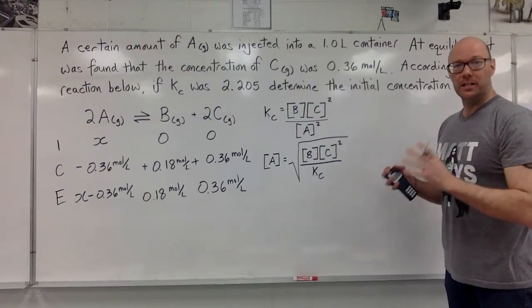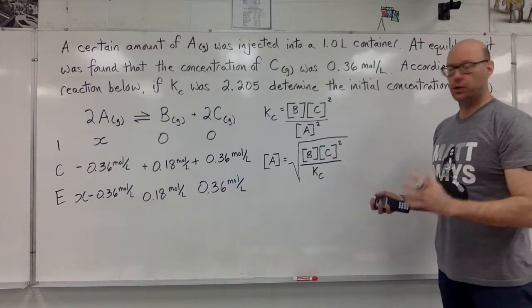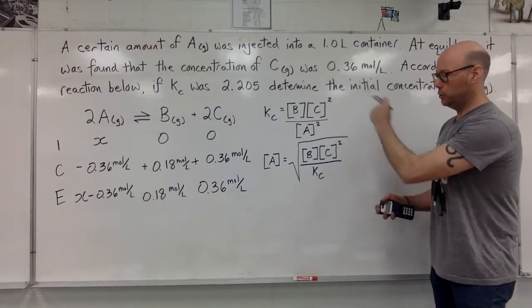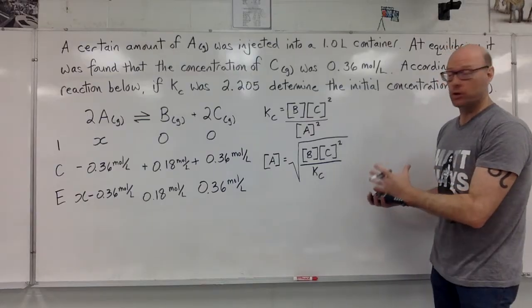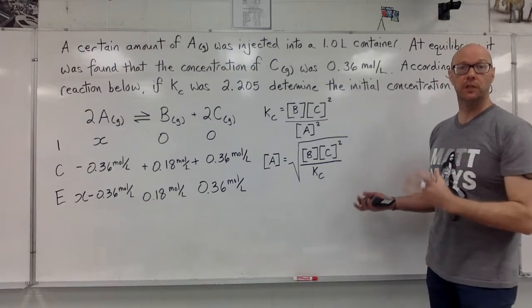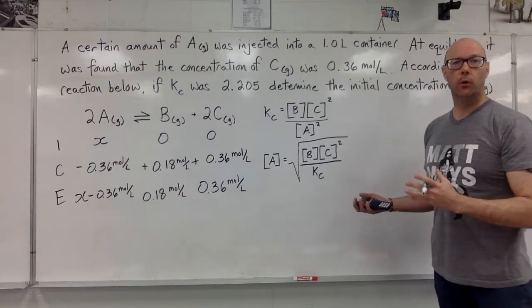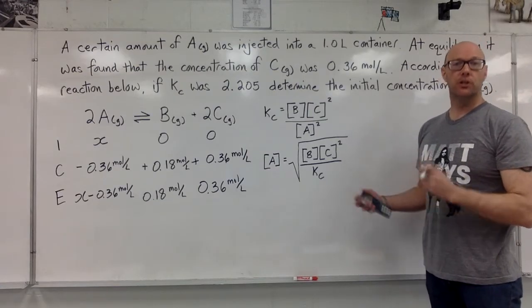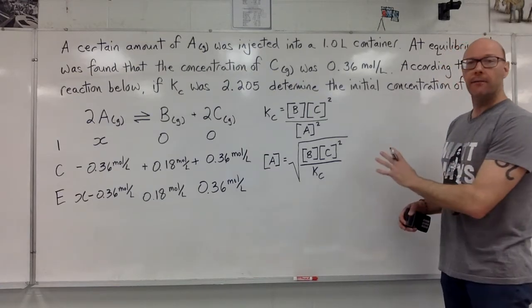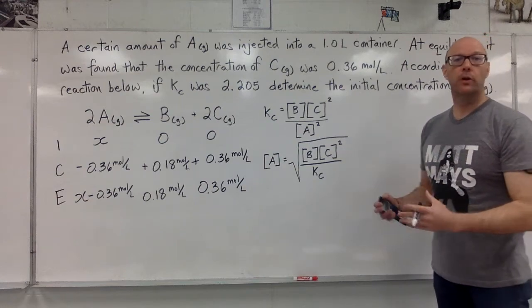Again, we can take our time with this manipulation, or if you feel comfortable doing it all in your head, we need to arrive, though, at a manipulated version of the equilibrium law where we're solving for the equilibrium concentration of chemical A. Once we have that, we can move forward with our substitution.